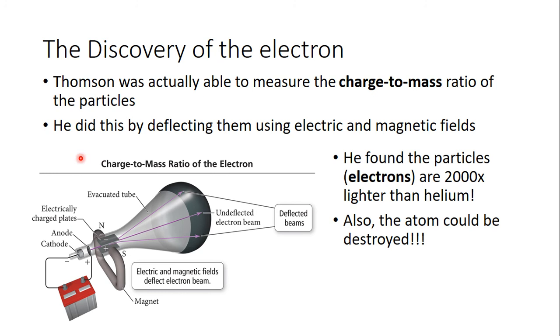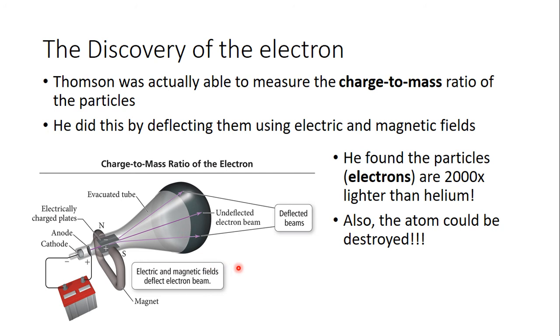Now, we knew that there was an electron, and Thompson was actually able to measure what the charge to mass ratio of the particles were. That is, for the overall charge, how big is this particle? He did this by taking his tube and just deflecting his beams using a magnetic field.